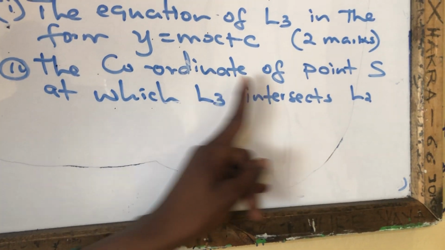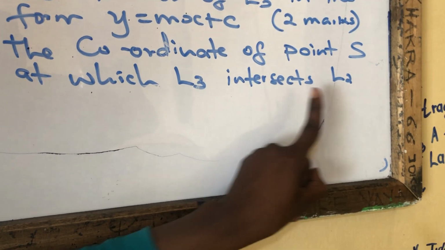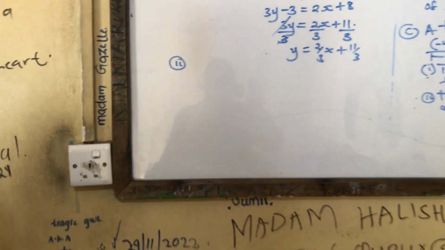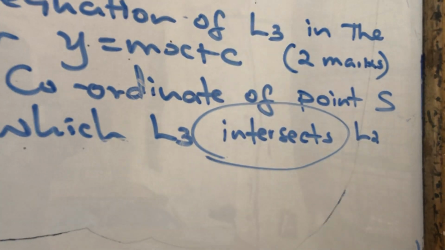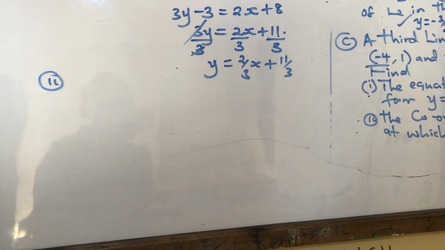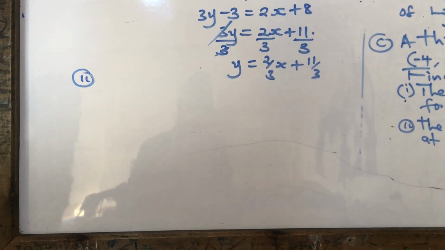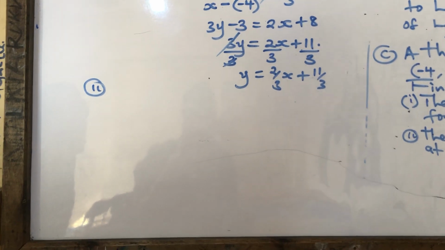The coordinate of point S at which L3 intersects with L2. Where are the two lines intersecting? The key word in this question is intersecting. How do we obtain a point of intersection? A point of intersection is obtained by solving two equations simultaneously.